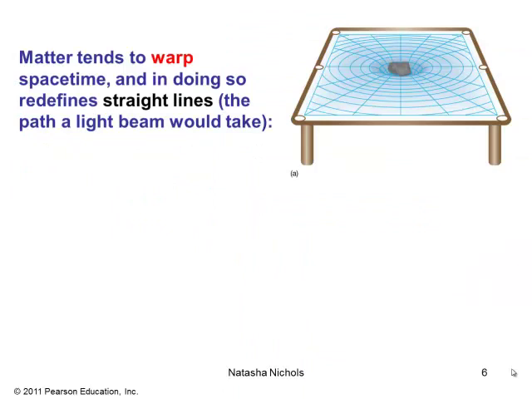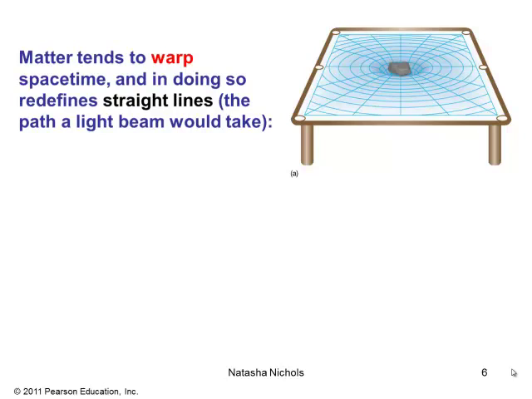Matter in general tends to warp space-time, and in doing so, it redefines straight lines, meaning the path a light beam would take. If you take a look at the picture right here and you envision a pool table made of a thin rubber sheet, you know that if you put a weight on it, it will start sagging.